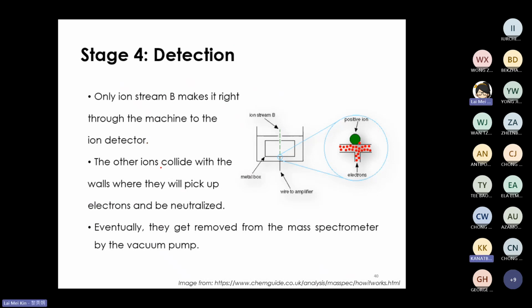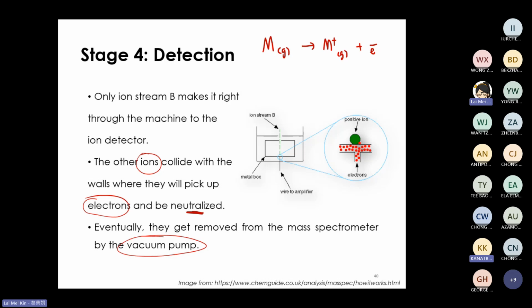So what happens to the other ions that are not detected? Remember at the beginning, the gases form a positive ion plus an electron. Any ions that are not detected will just pick up electrons, neutralize, and be removed by a vacuum pump, that's all.